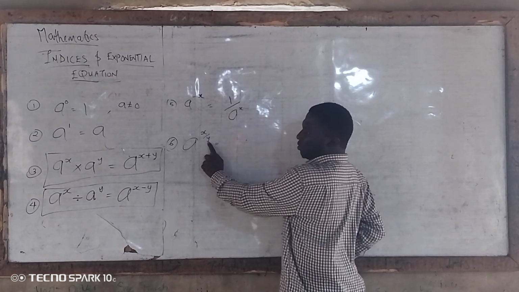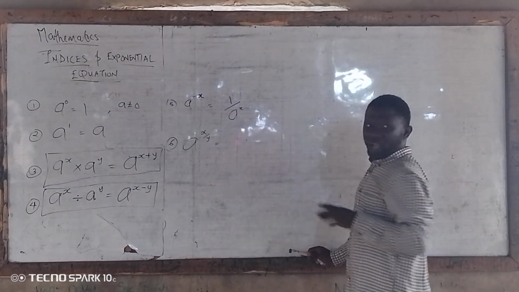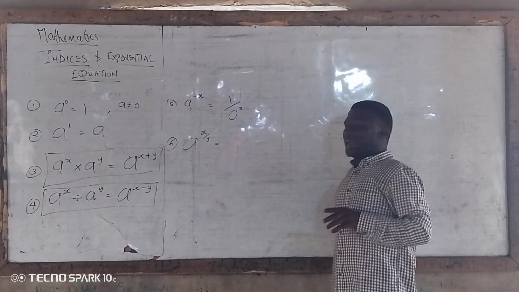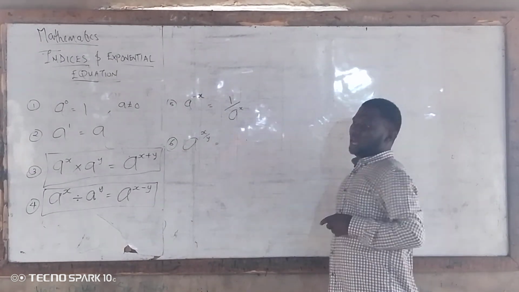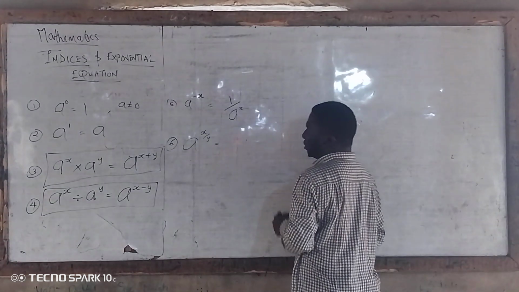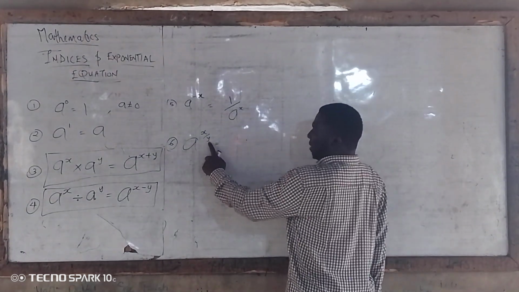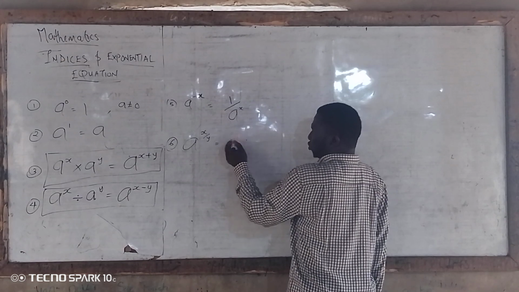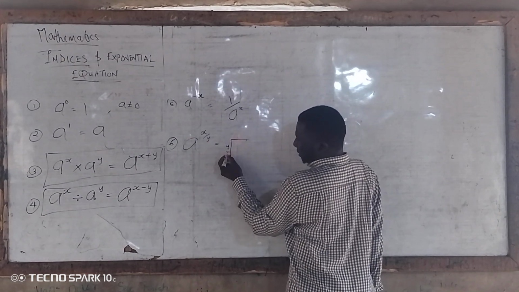So this law is the fractional power rule. That means an initial expression where the power is a fraction. Whenever you have this form of question, you see this divisor in the power, the divisor in the power will become like the roots. You put the y here.